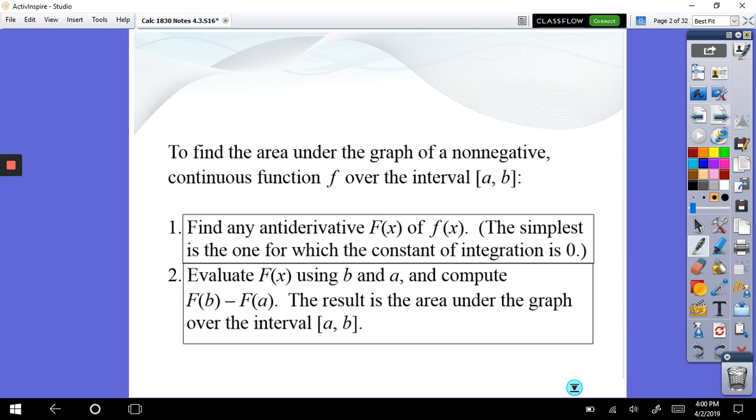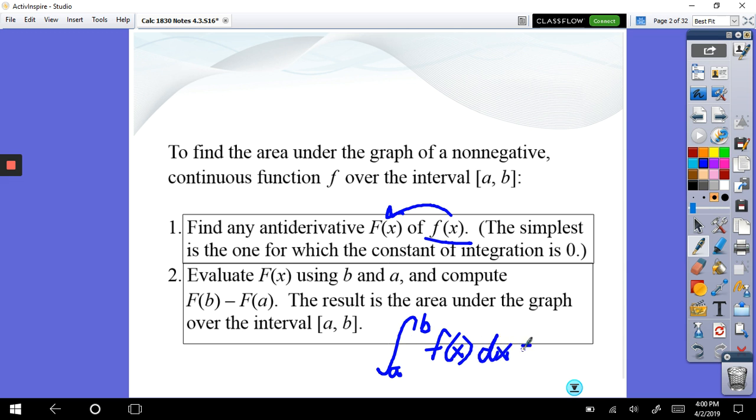So first off, whenever you're finding the antiderivative of f of x, they're going to call the original function f of x. Then we're going to evaluate that using a and b by plugging it in. So we're going to have notation that looks something like this, from a to b, of f of x.